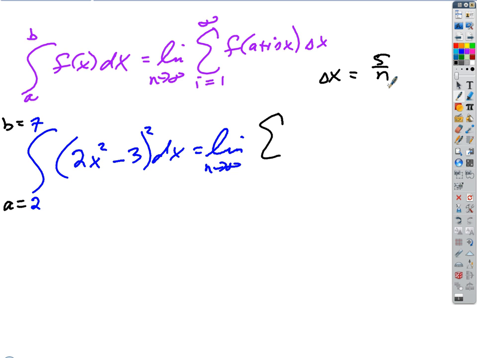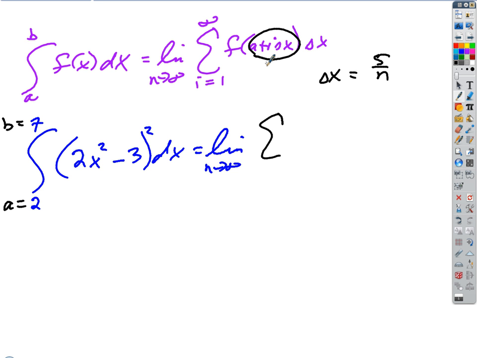Okay. Good. And we know what f of x is. What's f of x? 2x squared minus 3 quantity squared. That's our function. And that's a pretty complicated one, isn't it? That's what we're putting into it, right?